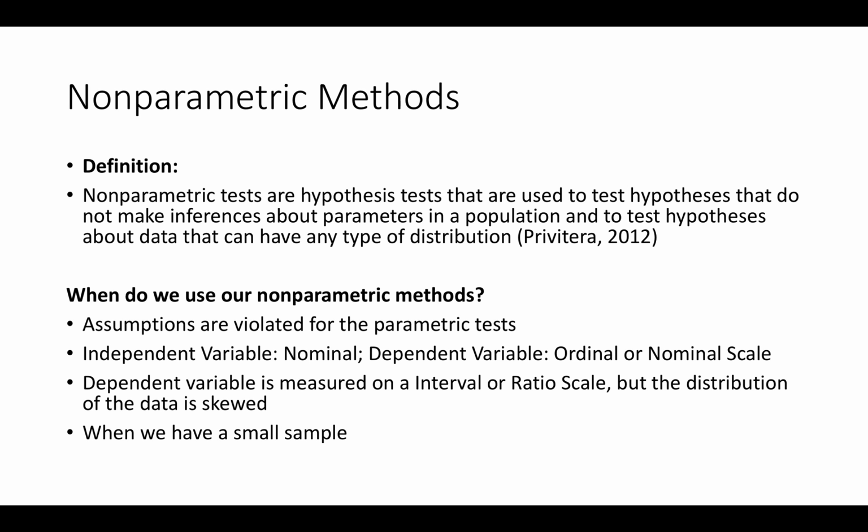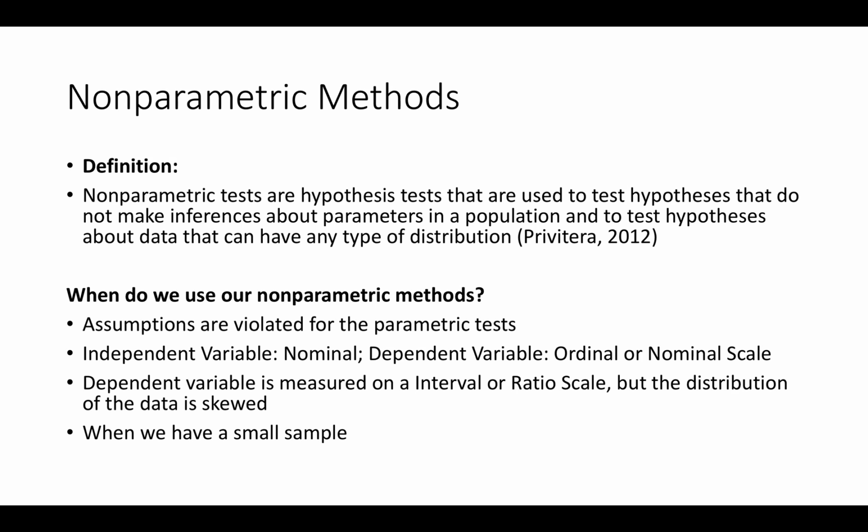So in this slide, we're going to talk about the non-parametric methods. I'll give you all a definition of those non-parametric methods and then when we tend to use them. The definition of a non-parametric test: hypothesis tests that are used to test hypotheses that don't make inferences about parameters in a population and to test hypotheses about data that can have any type of distribution.